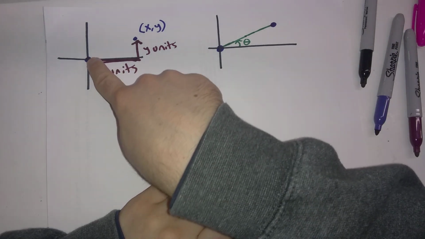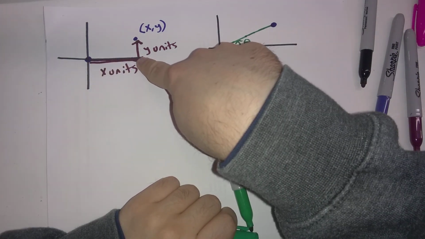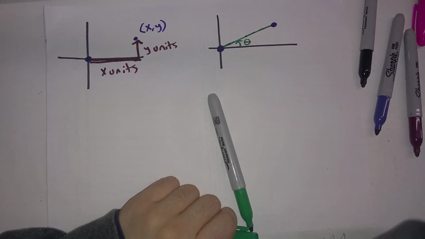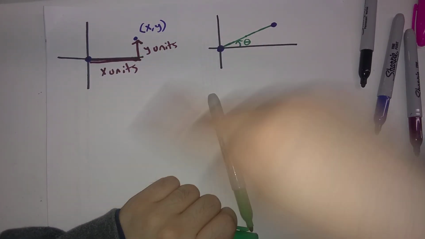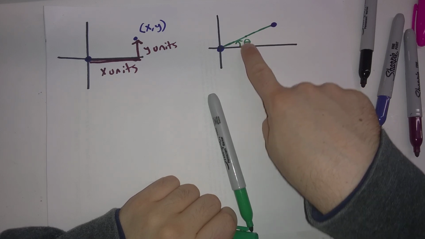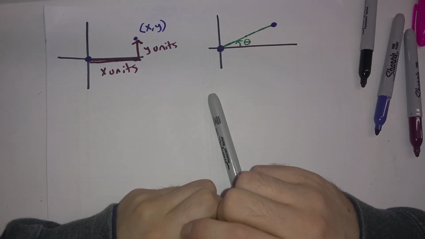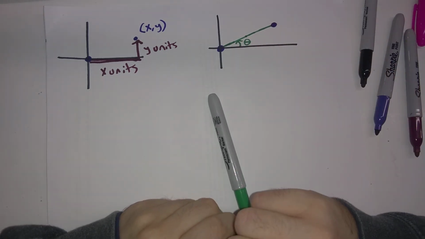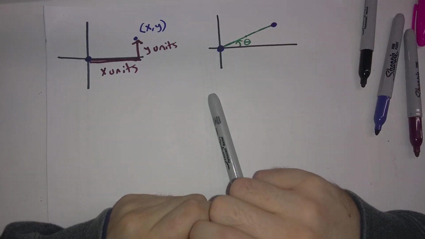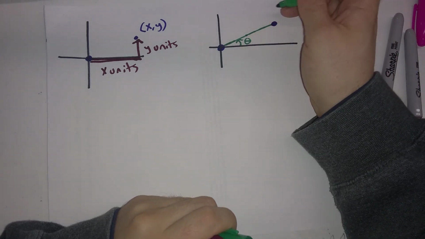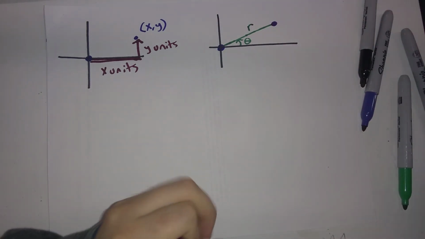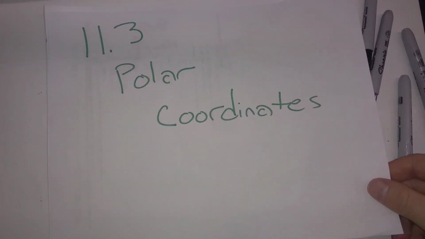So instead of saying go 7 units here and then 2 units north, or whatever those numbers are, I can say, set your compass to 37 degrees, just to make up a number here, and then walk 9 units in that direction. And so this is going to be a description of what we call the polar coordinate system.